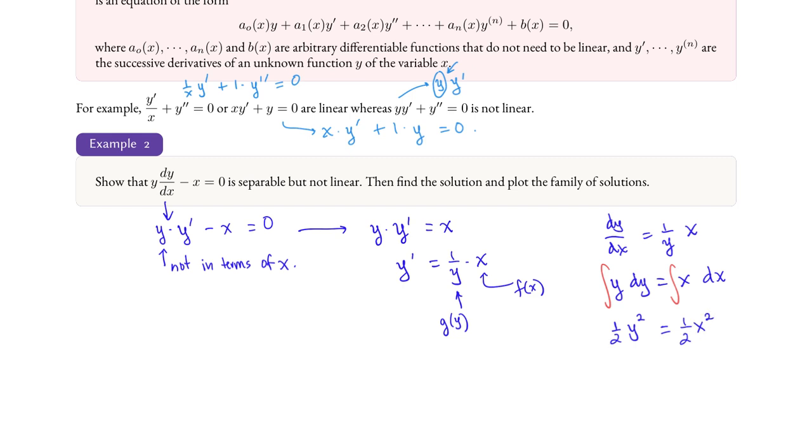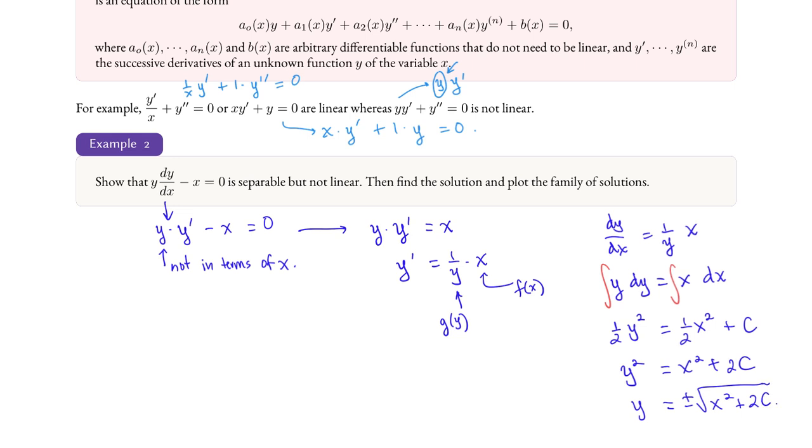Now technically there's a plus c on the left and a plus c on the right, but we can combine the two constants to form one constant only. And then we still have to isolate y. Now y squared equals x squared plus 2c, so y equals plus or minus the square root of x squared plus 2c.